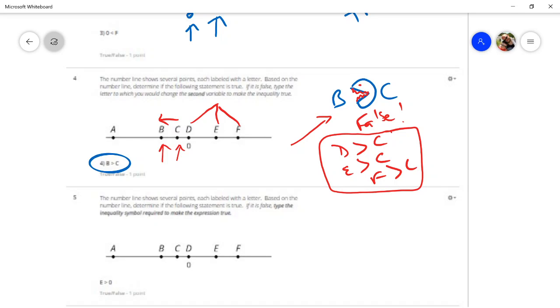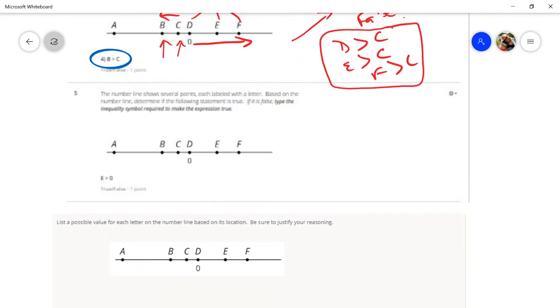Why? All of them are to the right of B. E is greater than 0. Is it to the right of it? Yes. That makes it true.